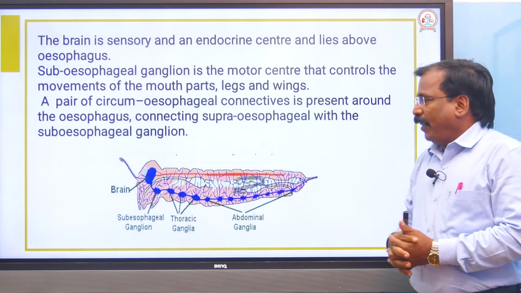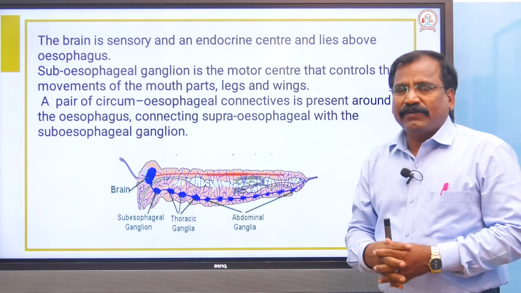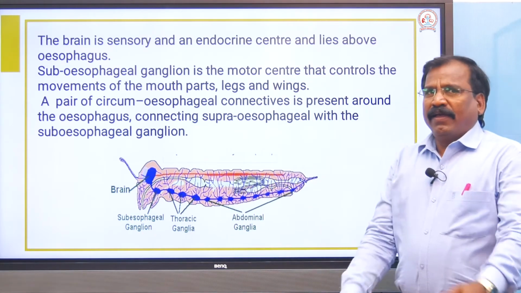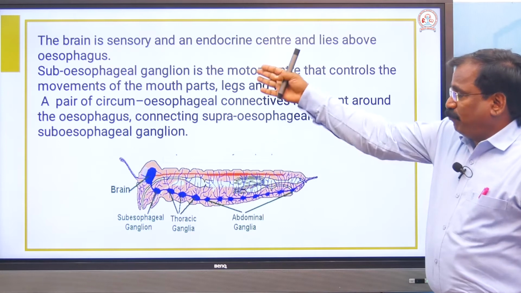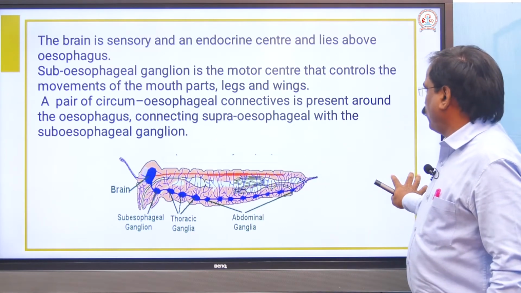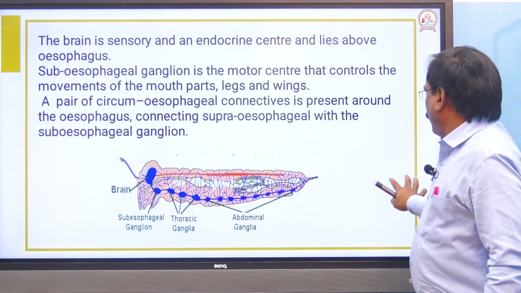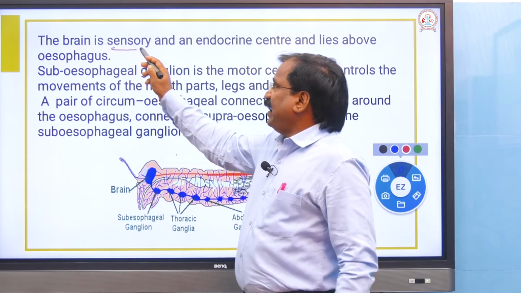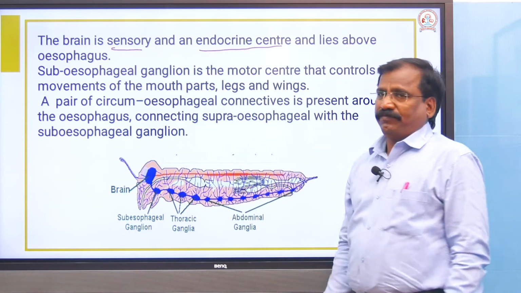Now take the brain. What is the function of the brain? It lies above the esophagus, and its function is sensory and endocrine.